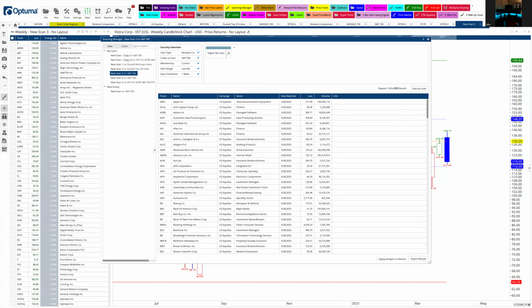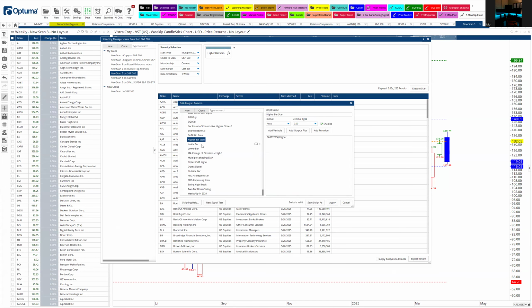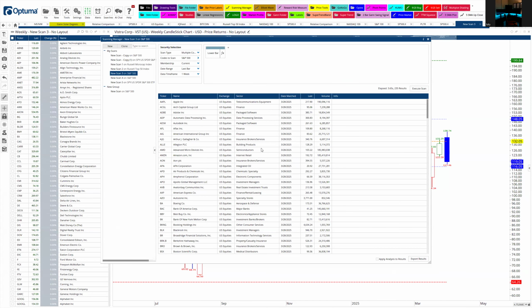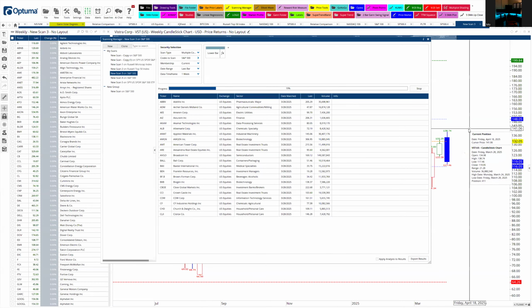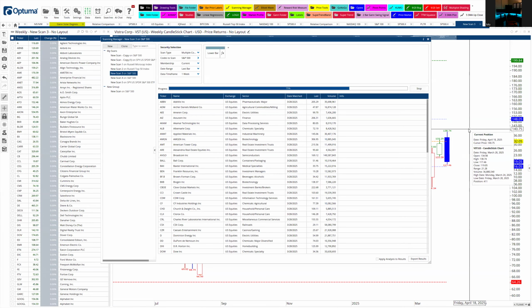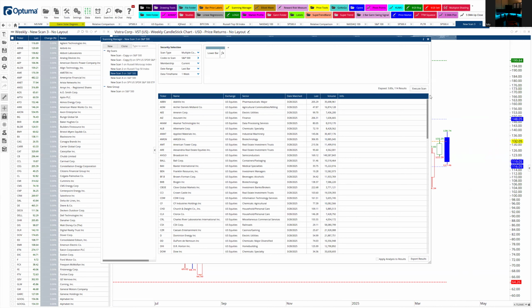That's 340. The rest of them are all lower bars. If we go back to the lower bar scan, 114. So these are the stocks that made a lower weekly bar and closed with a red bar.